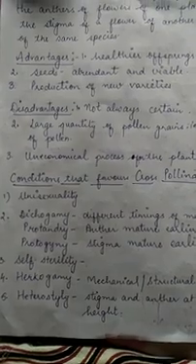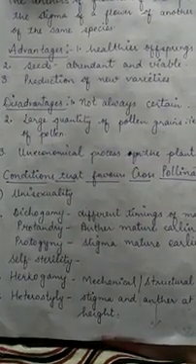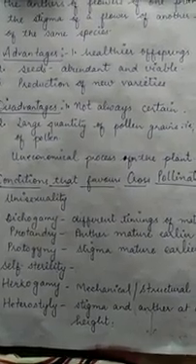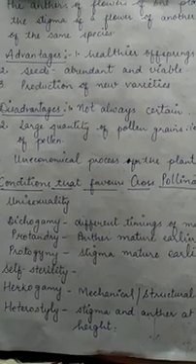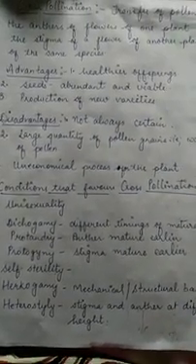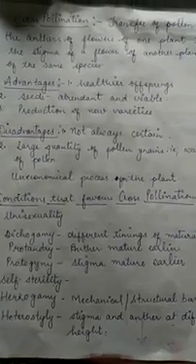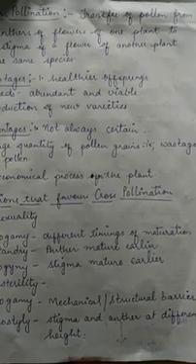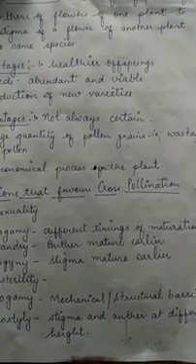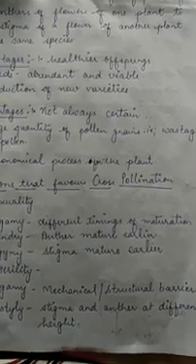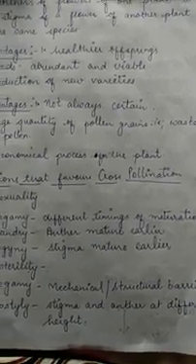The third point is self-sterility. This is a condition in which, if by chance the stigma receives the pollens from the anther of the same flower, the pollen fails to grow on that stigma. This leads to self-sterility. The fourth point is hercogamy, which means mechanical or structural barriers are present in some flowers, so that the pollen grains cannot reach the stigma of the same flower.